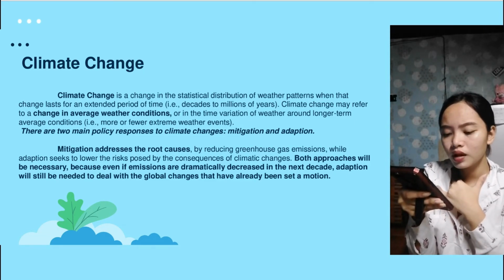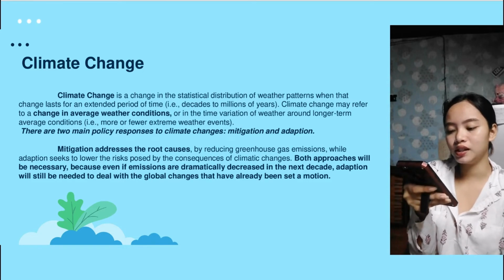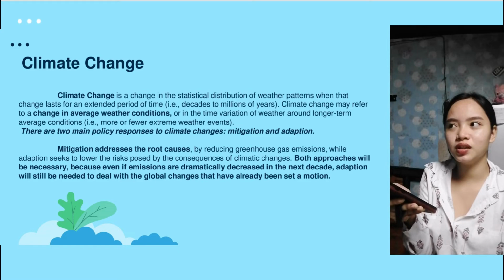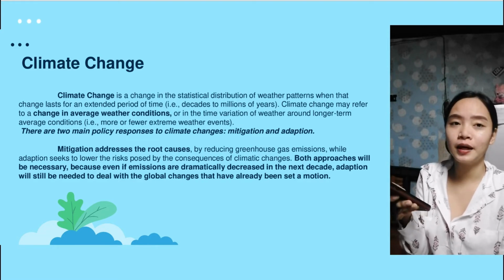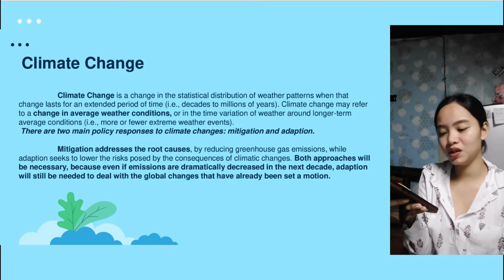And then there are two main policy responses to climate change: mitigation and adaptation. So ang mitigation is ilas nato ang atong pag-use, or ang adaptation is mo-adapt na lang ta ani nga climate change.